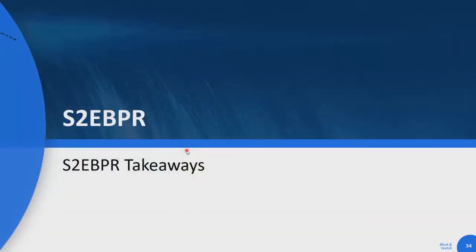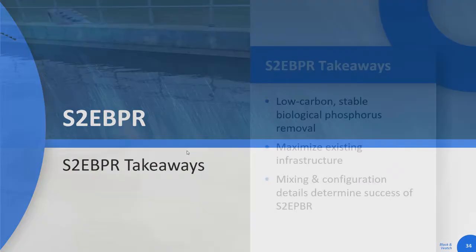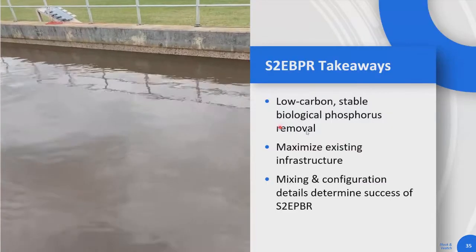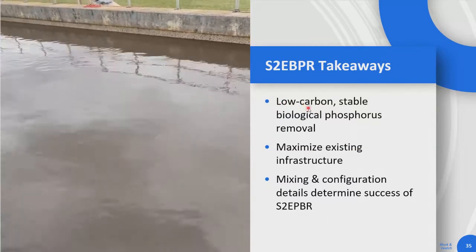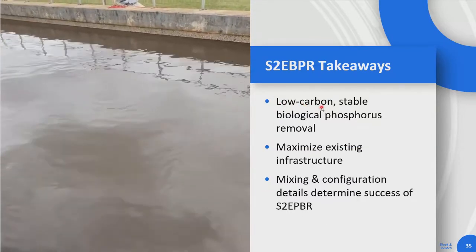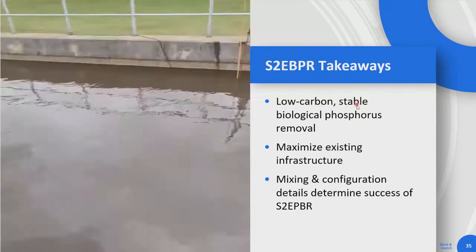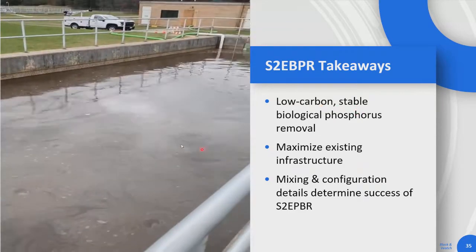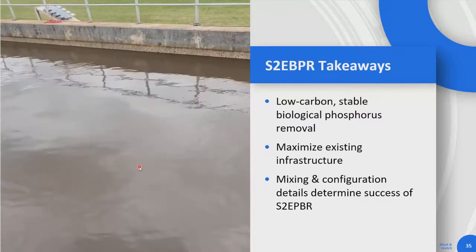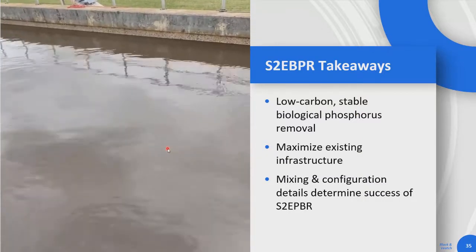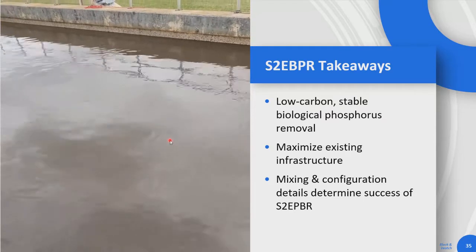So some of the takeaways from S2EBPR: it's a low carbon, stable biological phosphorus removal. When I say low carbon, it's not that the PAOs necessarily need more carbon at a fundamental level. What I'm saying is that it's allowing us to run these tanks where we allow our RAS to ferment, and we're accessing different types of carbon to drive our biological phosphorus removal process.